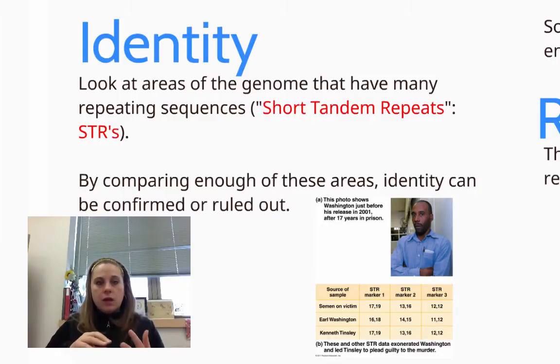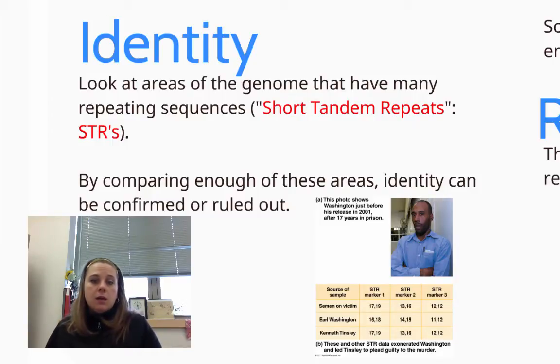We can also help to determine identity, using areas of the genome that have many repeating sequences, your short tandem repeats, these are STRs. That's the one thing you have to really understand about this: anytime you do any kind of identification using DNA technology currently, you are never 100% identifying.